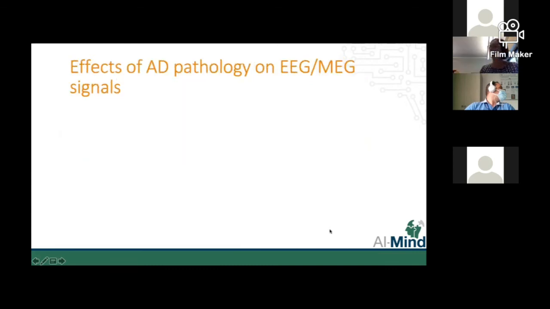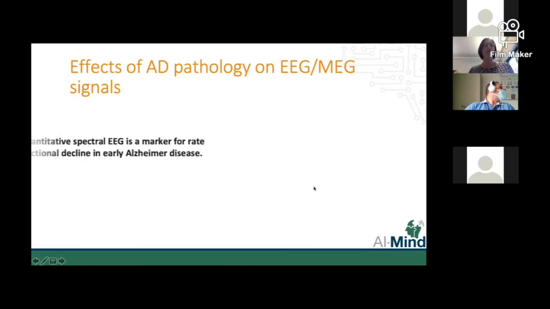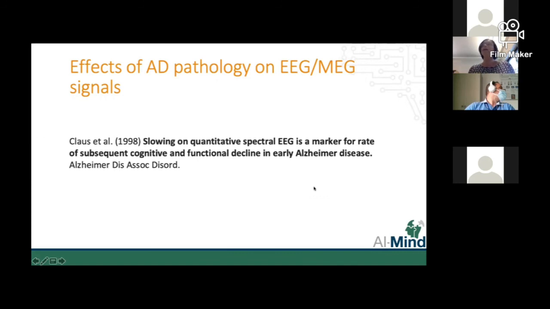So there have been many reports on how the EEG and MEG signals change in AD pathology. But what are the most typical findings? Well, first of all, the frequencies slow down, so slower frequencies are more prominent in the spectrum.